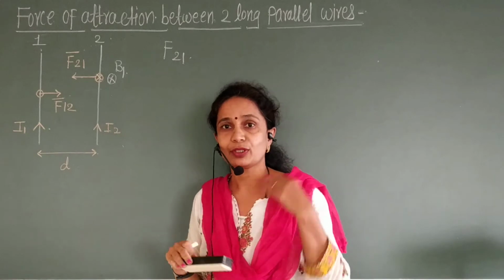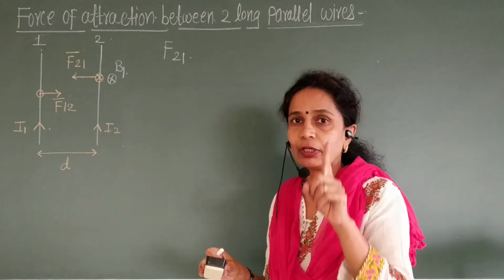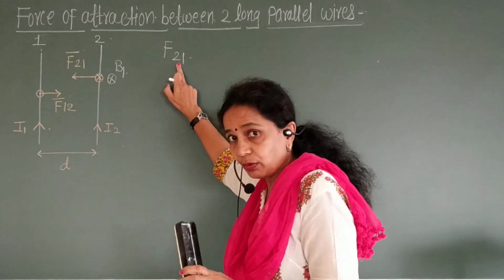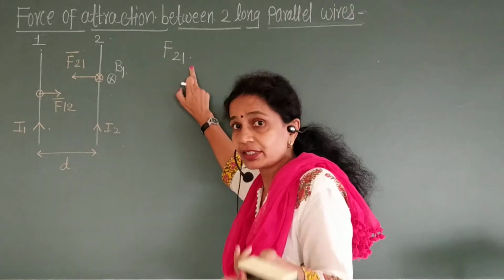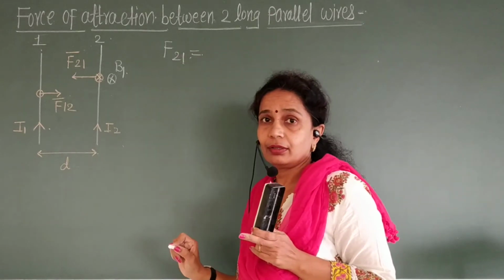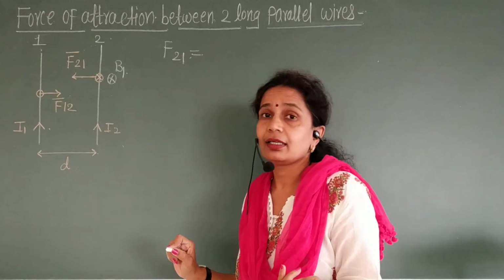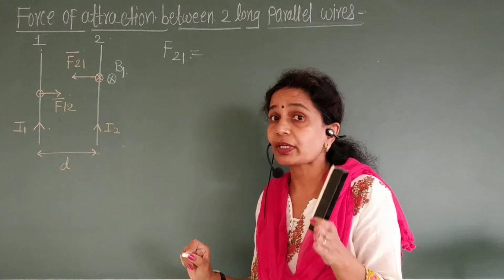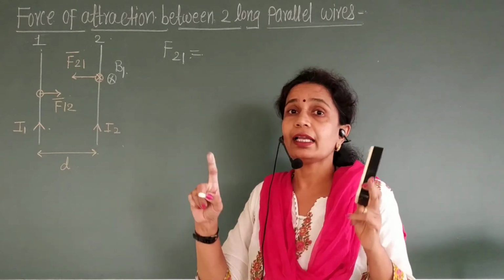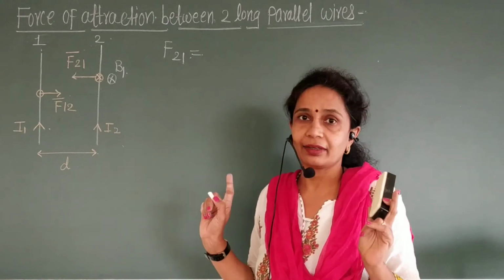F21. What is F21? F21 means force acting on the second wire due to the first wire. In the previous lecture, we obtained the expression for magnetic force: F is equal to I L B sin theta.